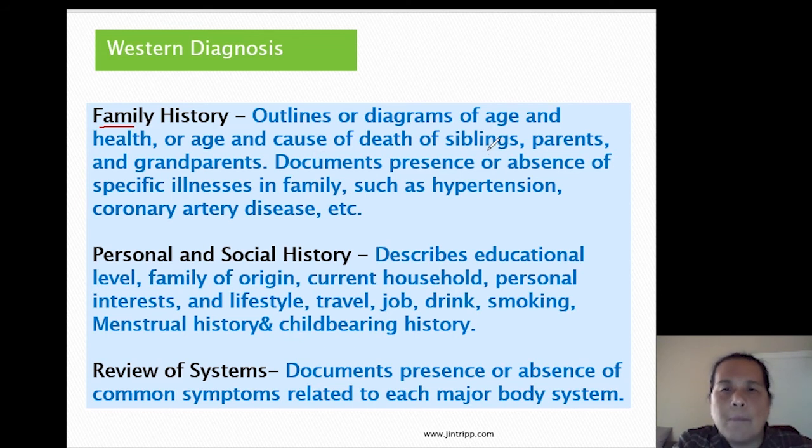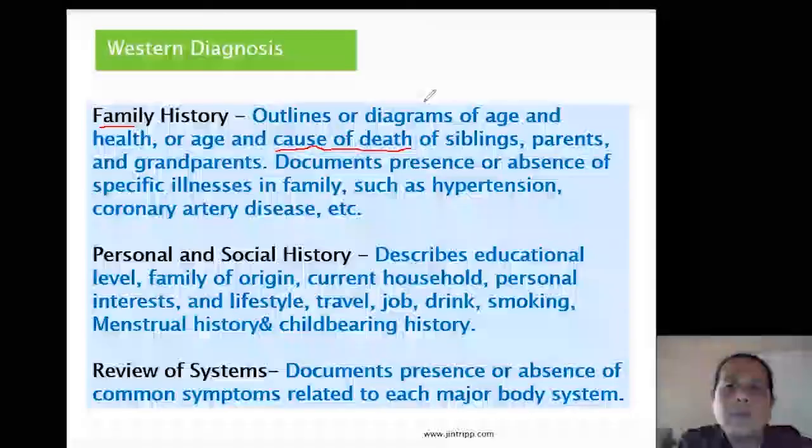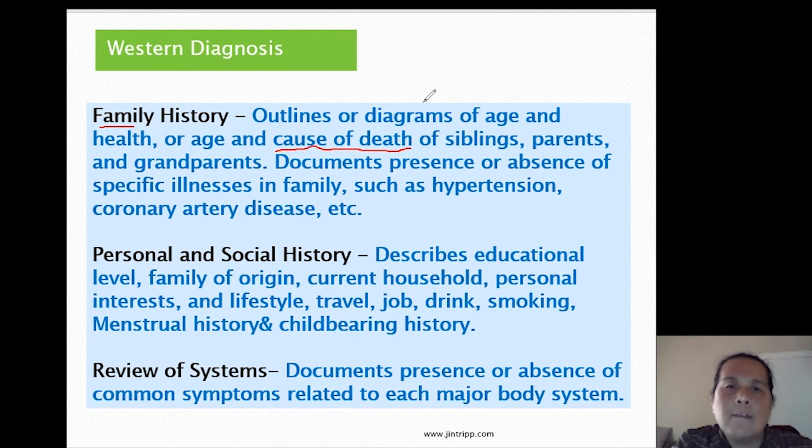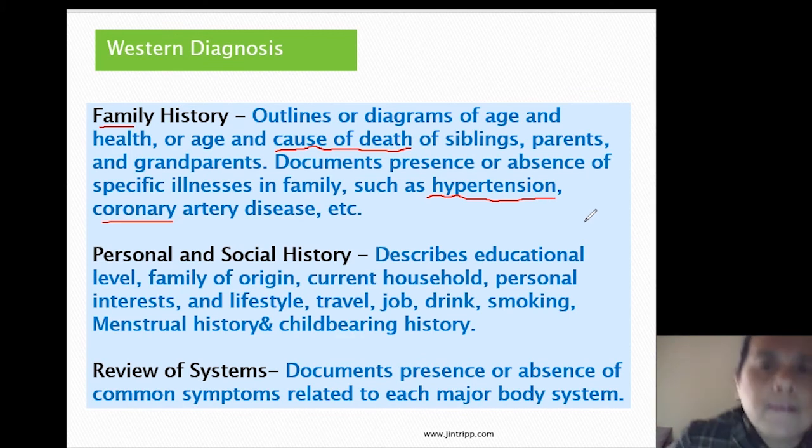They may have some special illness, and if they died, what caused the death. That includes parents, grandparents, fathers, sisters, even daughters. If family members have severe illness, like hypertension, cancer, or heart disease, we need to record it, because some illness is truly related to families, like a genetic problem.